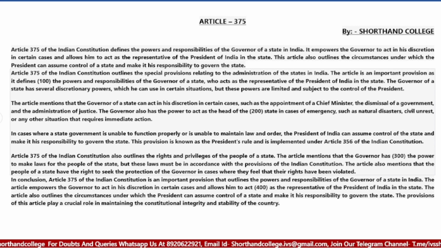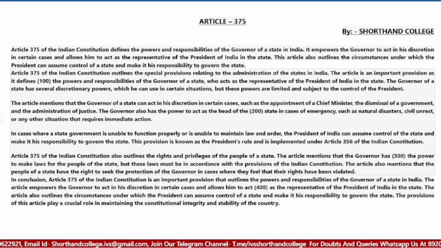The governor of a state has several discretionary powers which he can use in certain situations, but these powers are limited and subject to the control of the President.